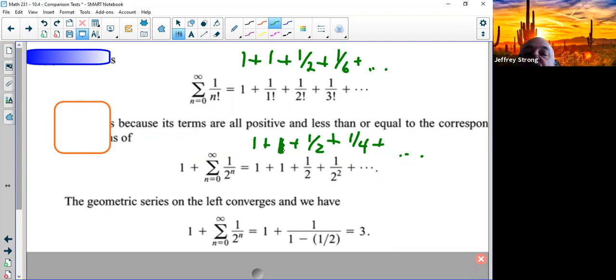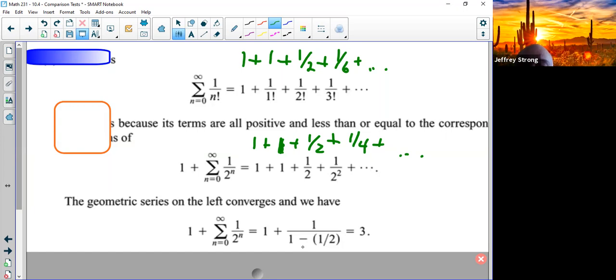Now, if we want to know what the geometric series converges to, we write that as 1 over 1 minus 1/2. So remember it's a sub 1 over, let's see, what's the formula? I forgot the formula.